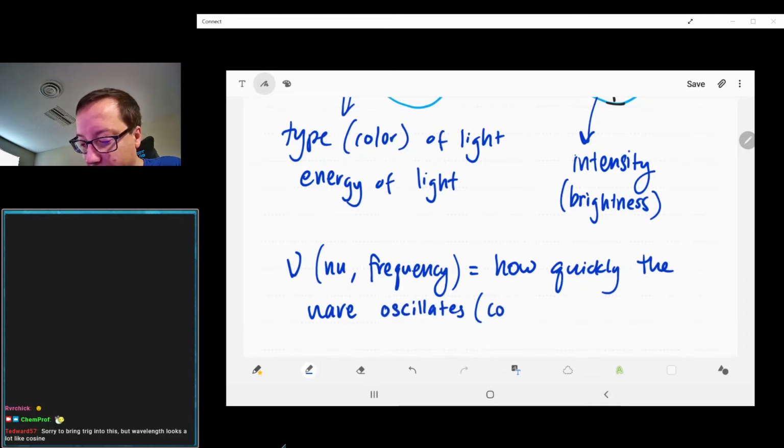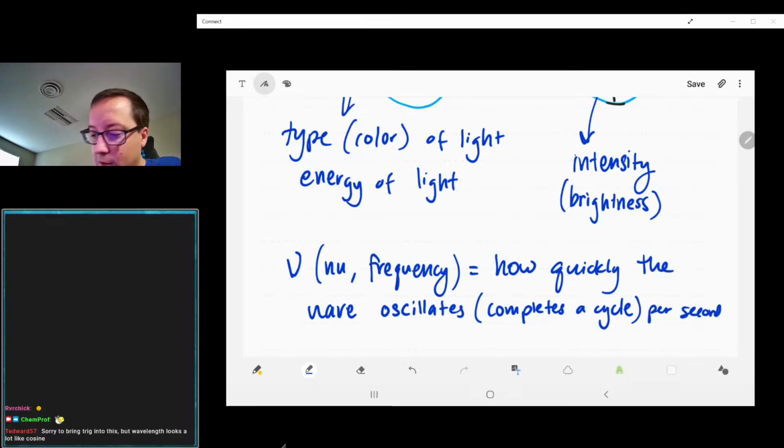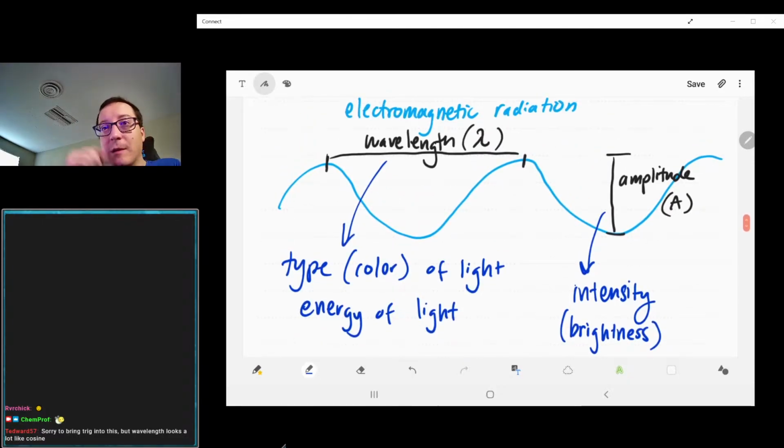That means completes a cycle per second. So we can see here that the wave just goes up and down and up and down forever. And basically we're looking at the time, or how often it goes from the top part to the next top part. So basically it's how quickly it moves through that wavelength.